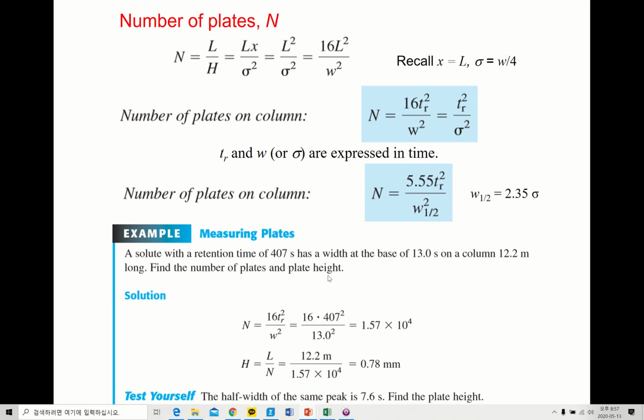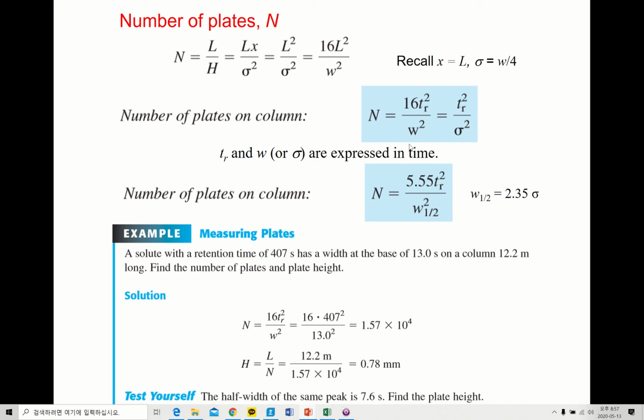If we know the plate height, then we can calculate the number of plates. Now we can use this one, because here the retention time is given. And this W is the base width in terms of seconds.